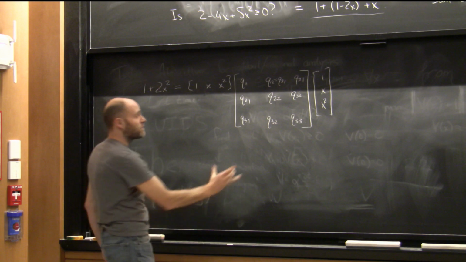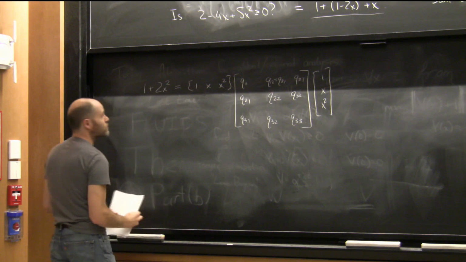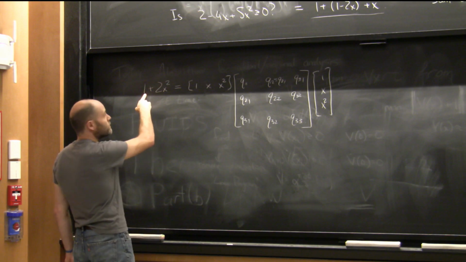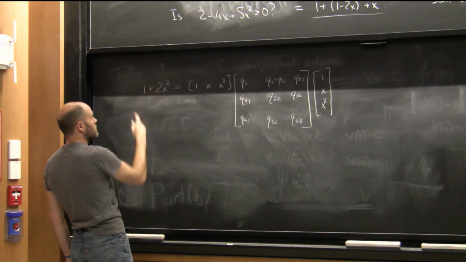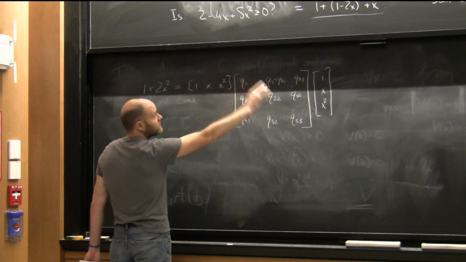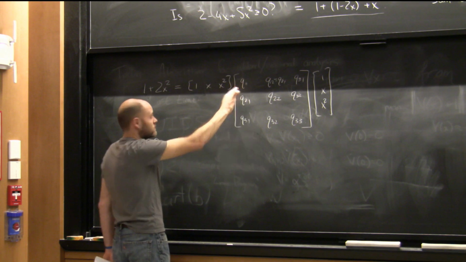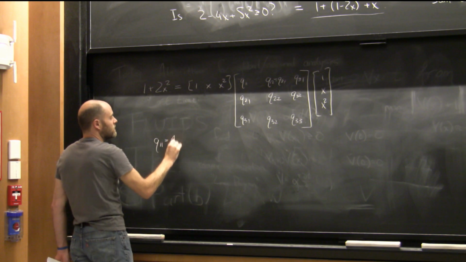So if I can find a positive definite matrix Q which also satisfies the constraints that the coefficients line up, which on this side is just 1, and on this side, the only one that can contribute to my constant term is this one. So Q11 has to be 1.